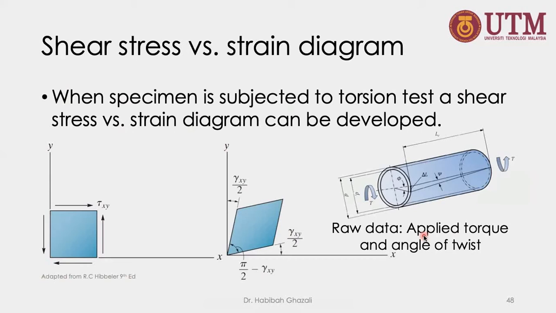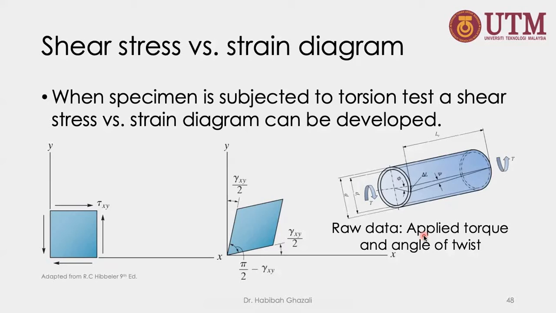Actually, we can construct a stress strain curve not only for tensile loading. If you have a structure and we want to investigate the effect of the load on the elastic and plastic behavior, and your structure experiences torsion load, we can also obtain a result similar to the tensile test.